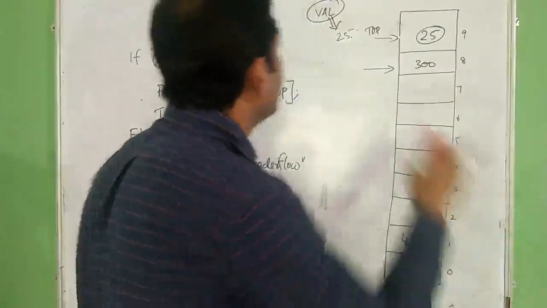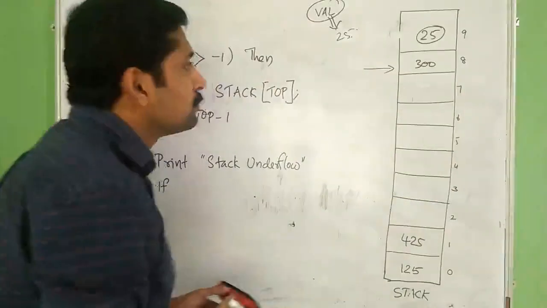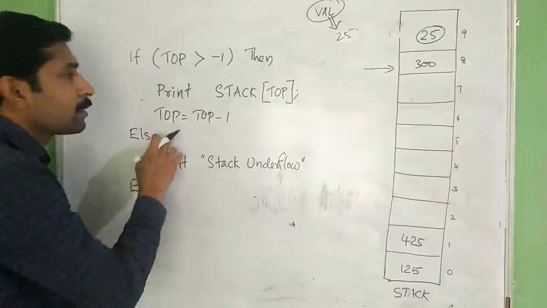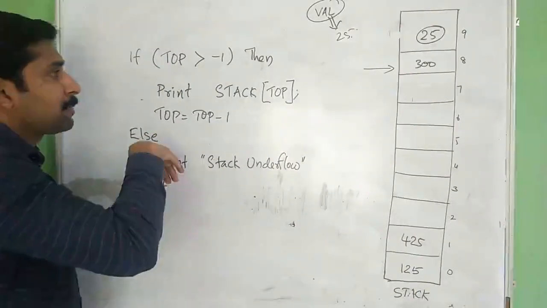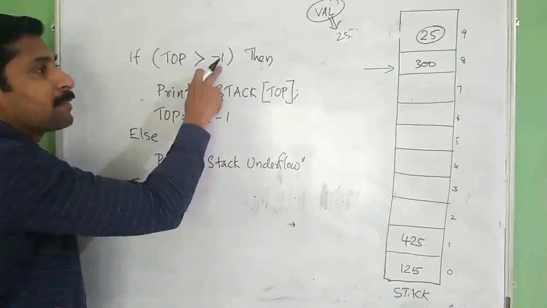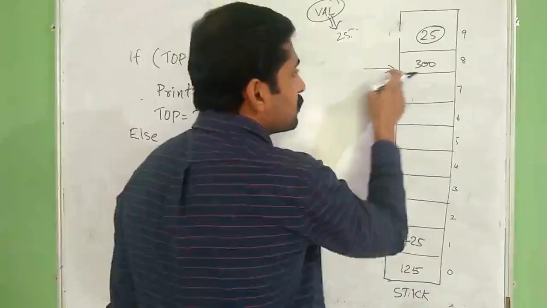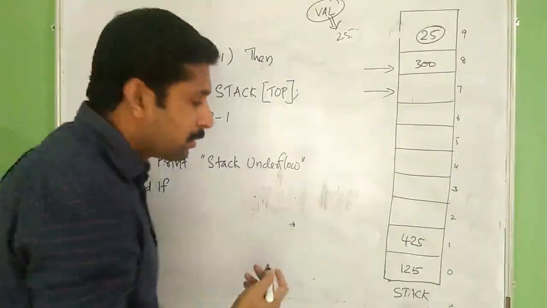This item gets deleted. Now again another pop operation is performed. What happens? Whether top is greater than minus 1? Yes. Then this process continues. Top becomes top minus 1 and goes on.